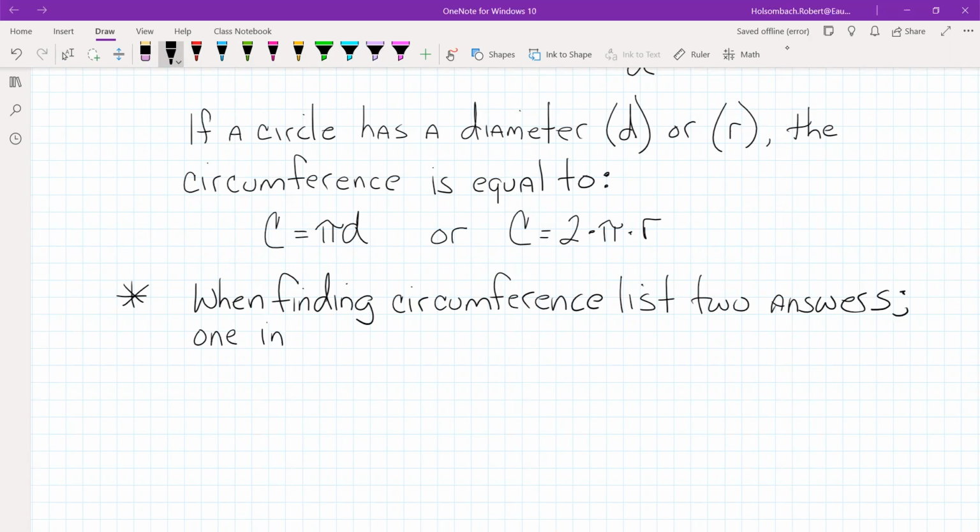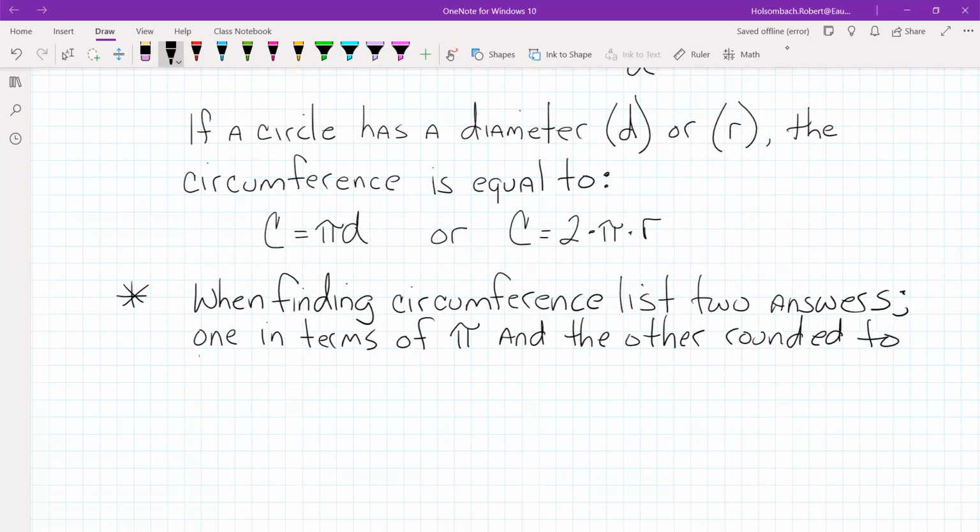One in terms of pi, and the other rounded to the nearest hundredth, using the pi button.